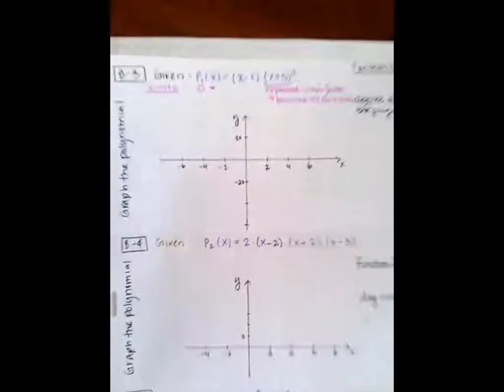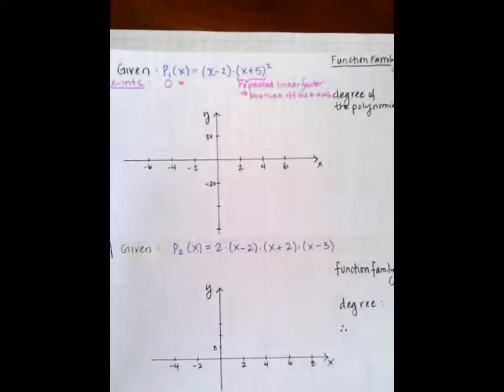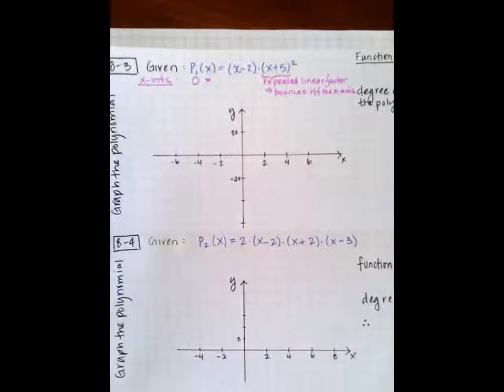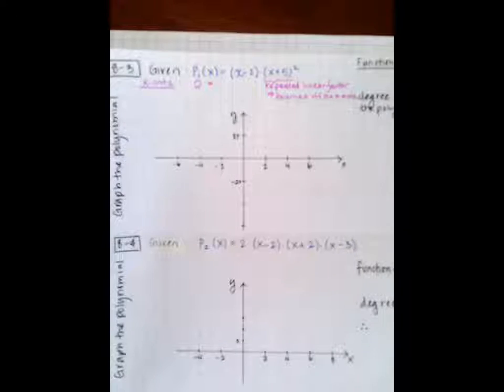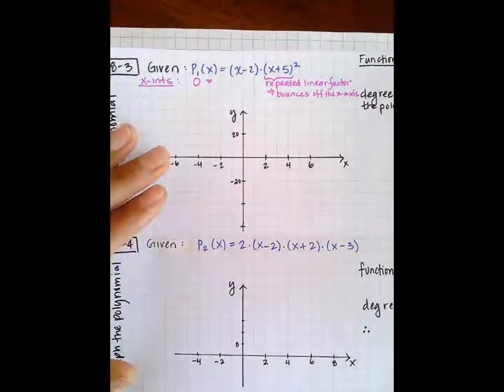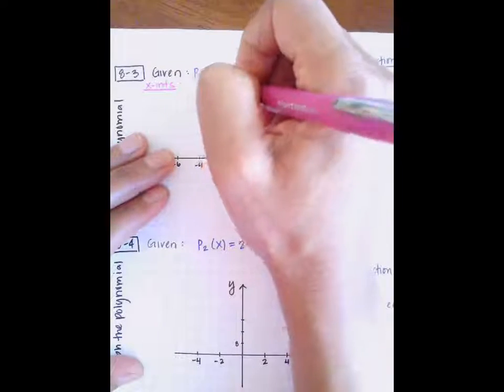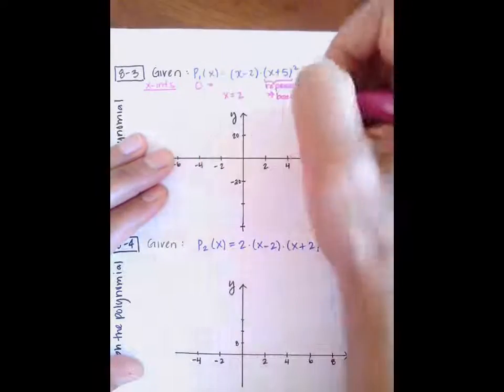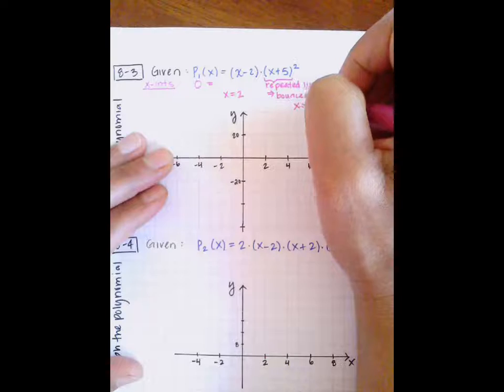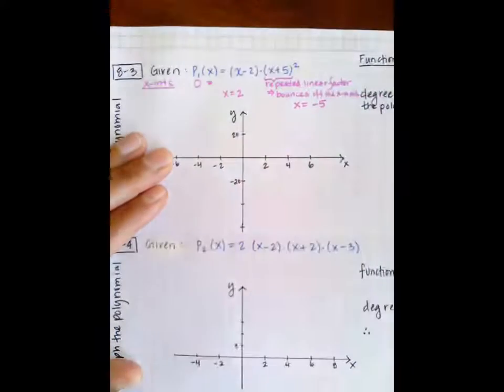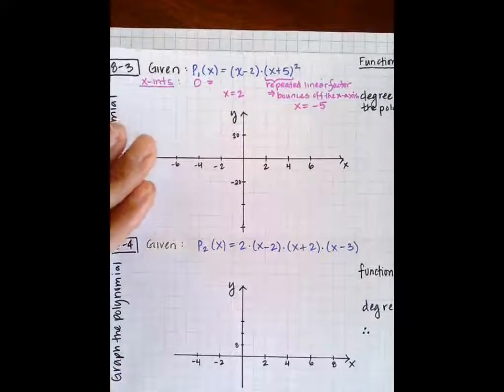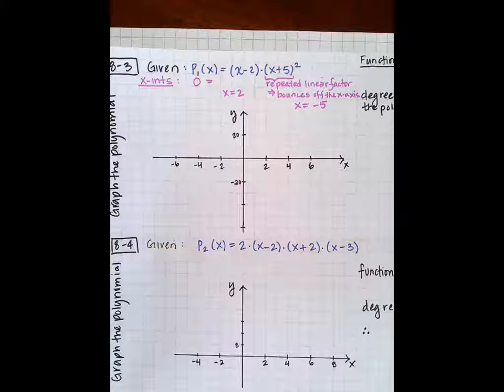The values that make that polynomial equal to 0 are 2 and negative 5. So I'm going to write here that we've got an x equals 2 and also an x equals negative 5. Those are our x-intercepts using the zero product property.